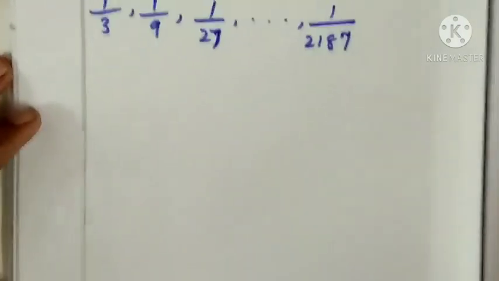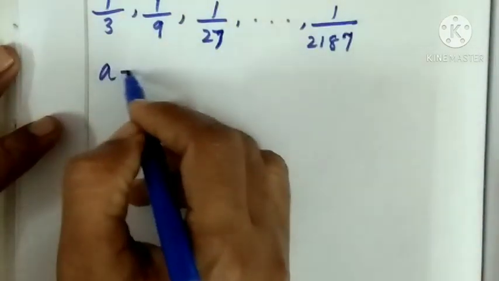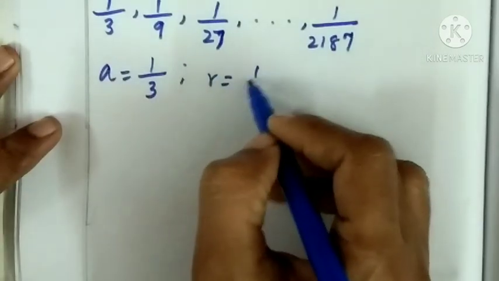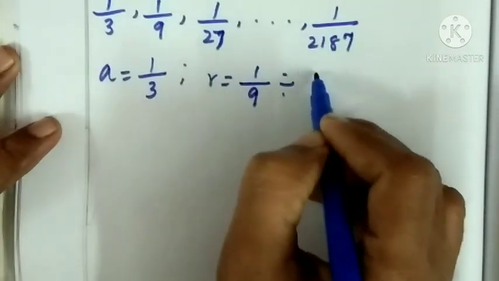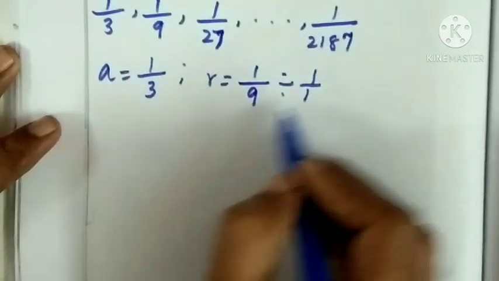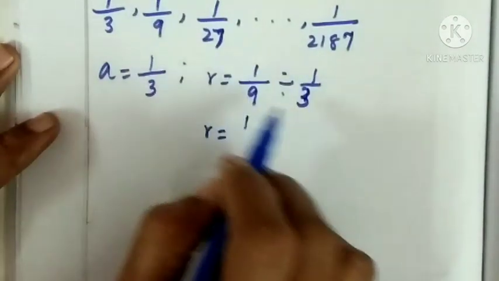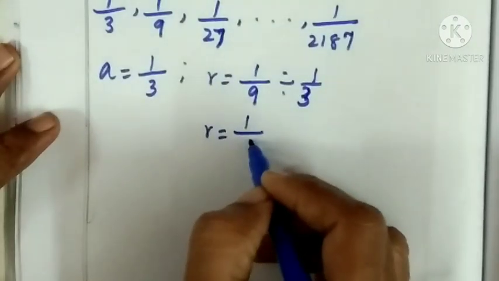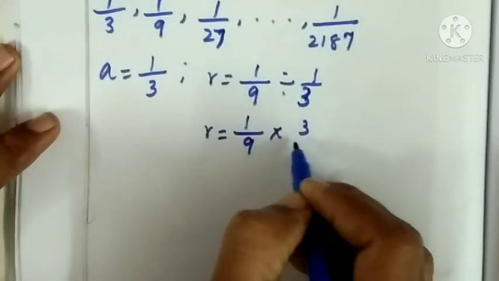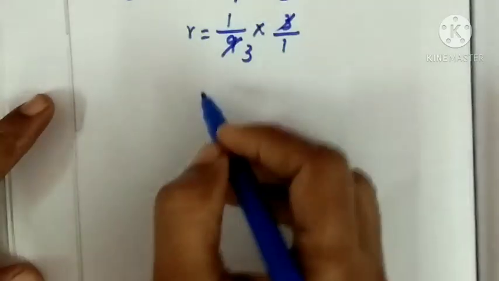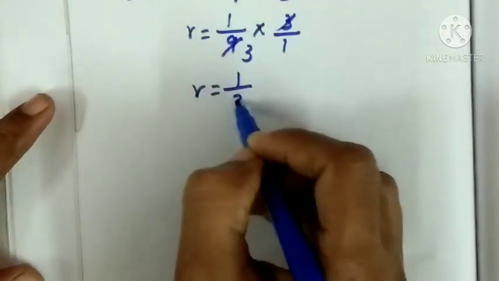2187. Here A is equal to 1 by 3 and R is equal to T2 divided by T1, which is equal to, you have to write this in multiplication form, that is 1 by 9 into 3 by 1. Cancelling this by 3 we get R is equal to 1 by 3.